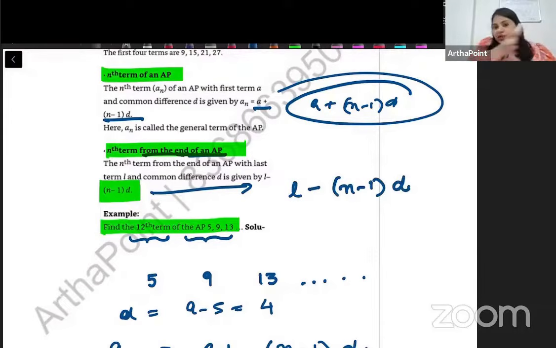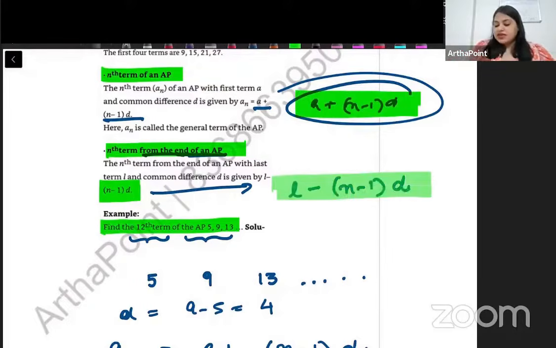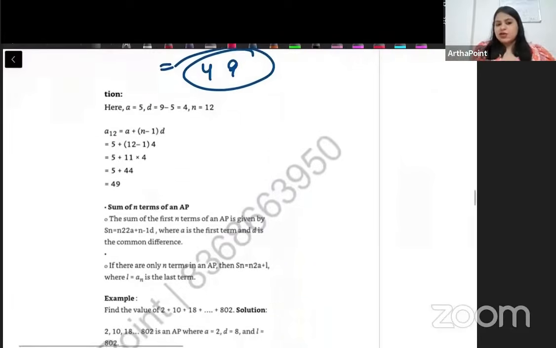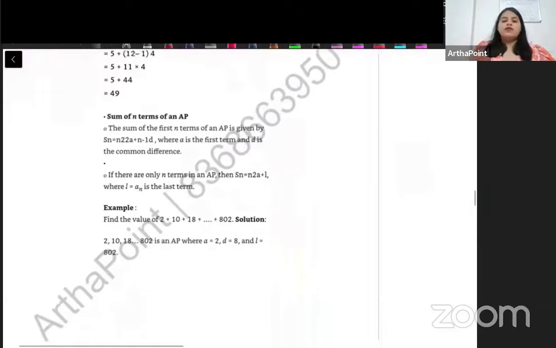If you start from the beginning, then the nth term from the beginning will be a plus n minus 1 into d, and the nth term from the last will be l minus n minus 1 into d. Usually this is what tricks students. This is tricky because you revised this a long time ago, so you tend to forget.